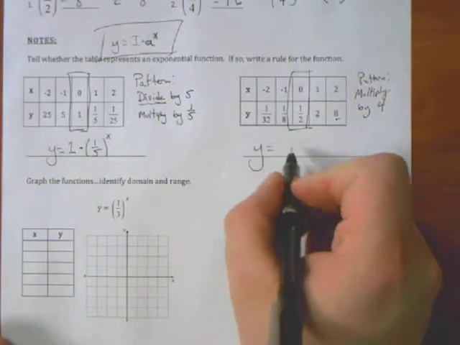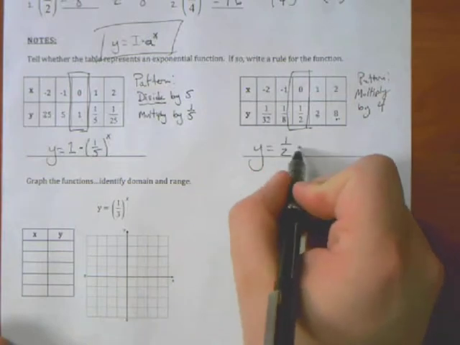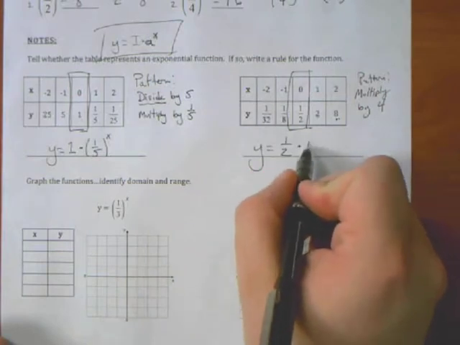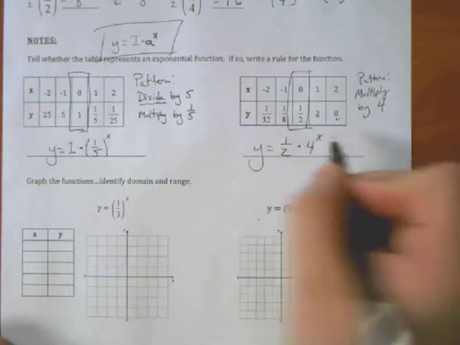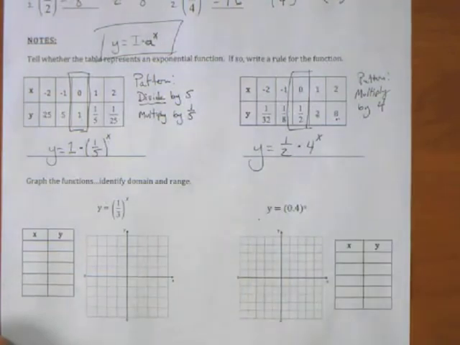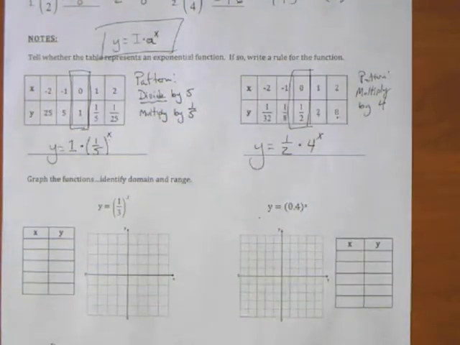So plugging in the things we know, initial value is 1/2. Pattern says multiply by 4. Okay. Try not to fall for traps that they'll set for you by throwing in some fractions. Just because there's a fraction doesn't necessarily mean it's division. You have to see how it's trending.